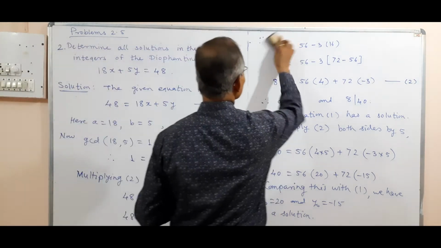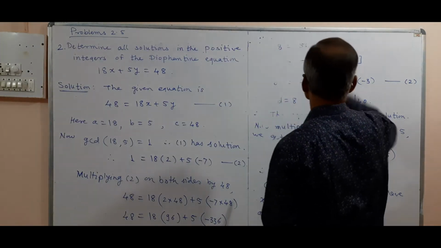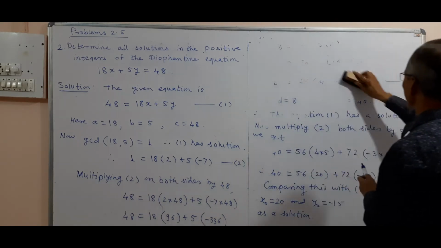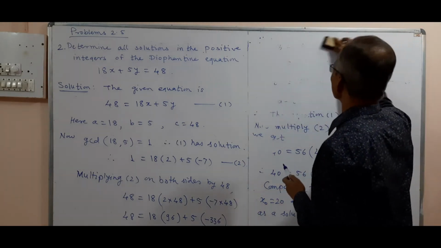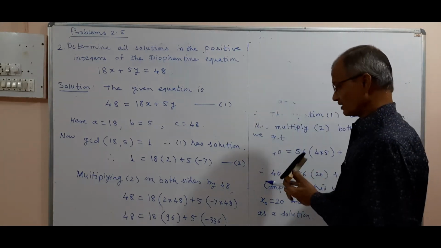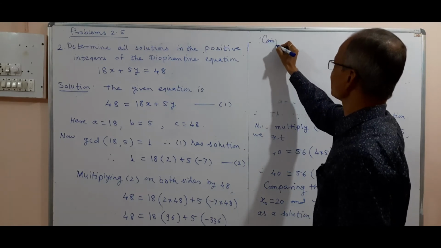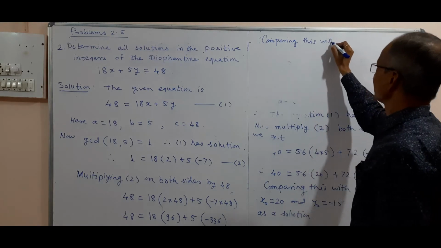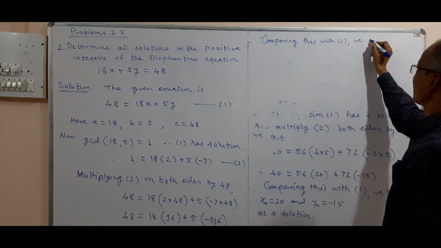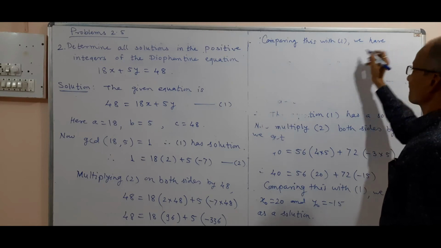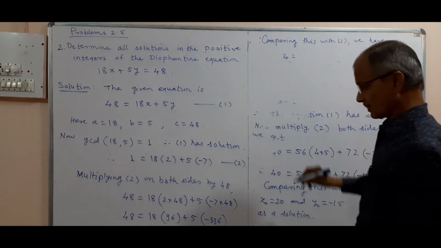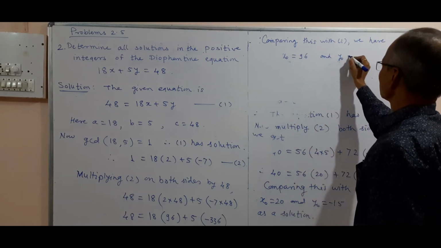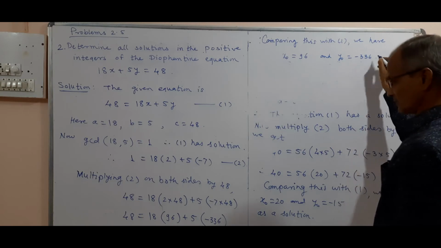So comparing this with 1, we get a solution as x naught is 96 and y naught is minus 336.